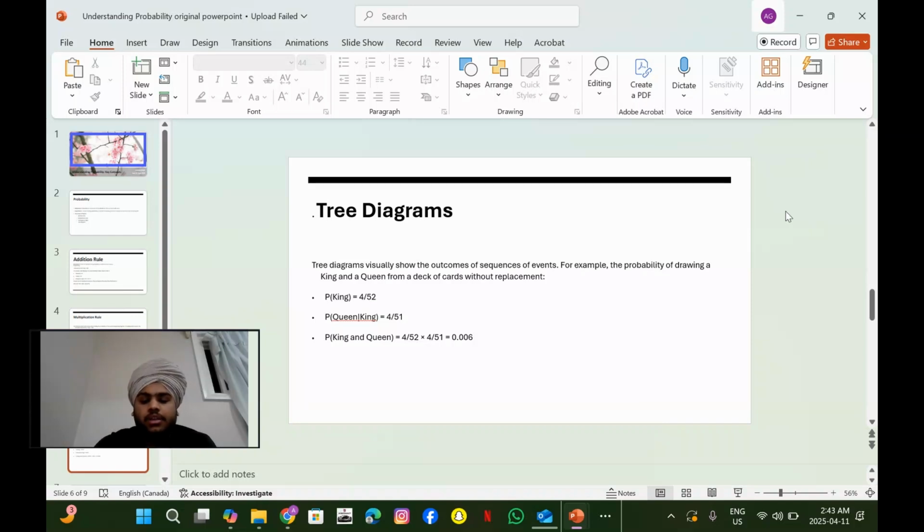Its fraction is 4/51. To find the probability of both events happening, we multiply 4/52 by 4/51. It is equal to 0.006. This means there is about a 0.6% chance of drawing a king followed by a king without replacement.